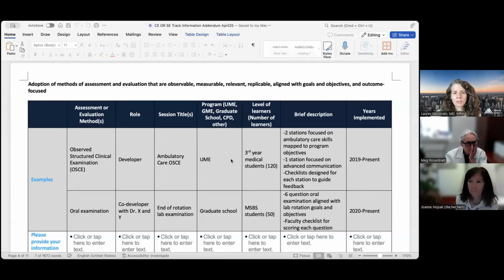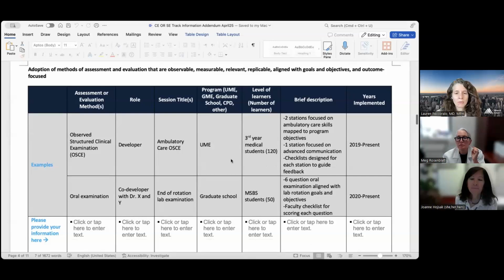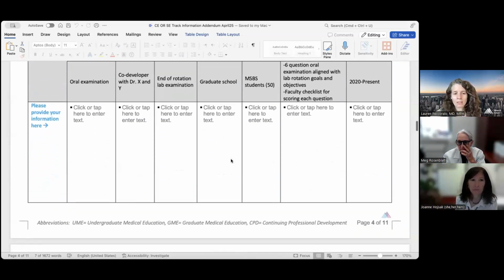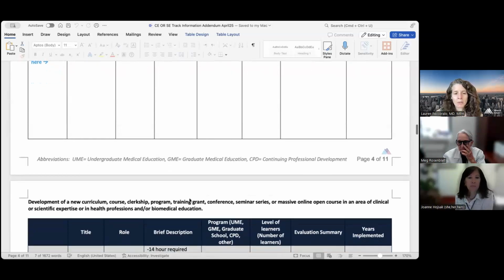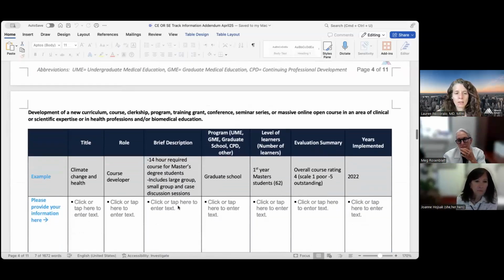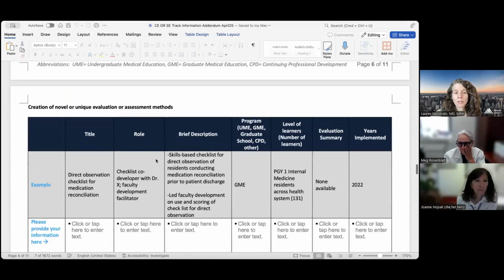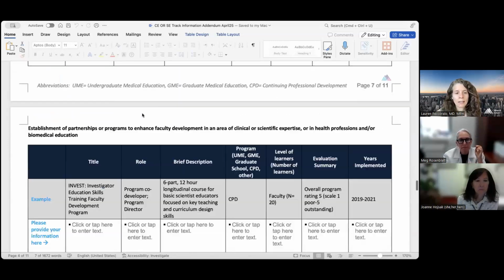You'll notice that this was designed so it's not necessarily repetitive of what's on the CV. The goal here is to show what you do above and beyond what's on the CV. You do not have to fill out every single one of these charts. We don't expect that you've done all of these things, but they cover curriculum development, novel teaching methods, and a unique assessment with respect to teaching.